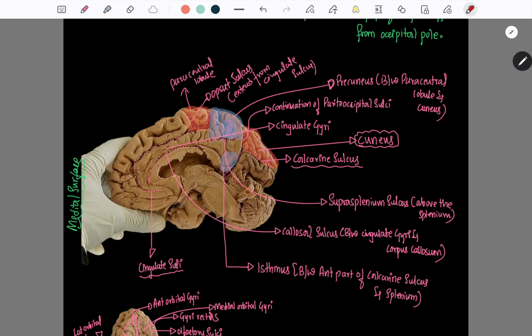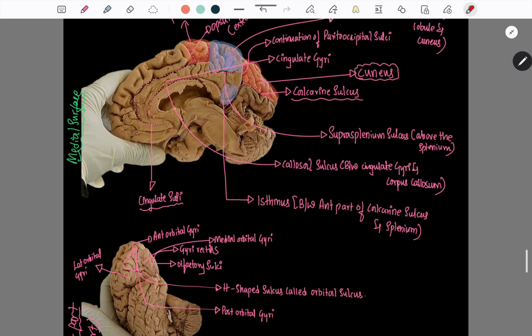Here, between the calcarine sulcus and the parieto-occipital sulcus, there is a lobule called the cuneus. Between the cuneus and the paracentral lobule there is another part called the precuneus.